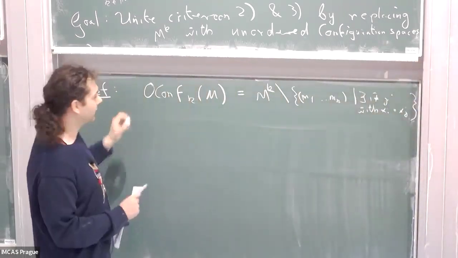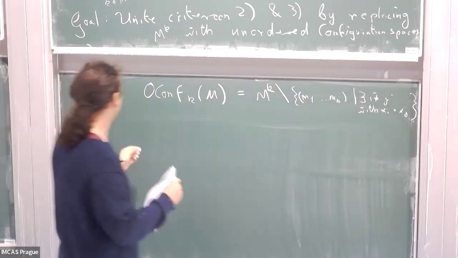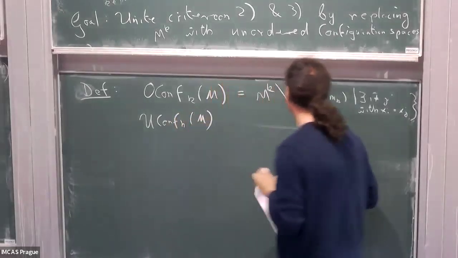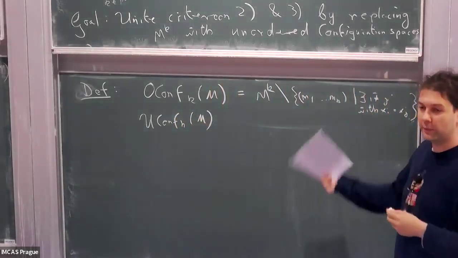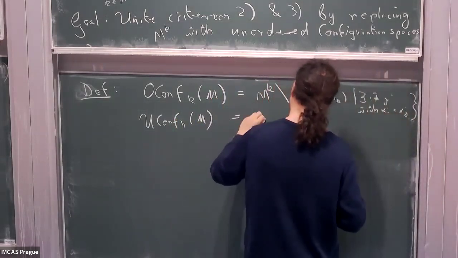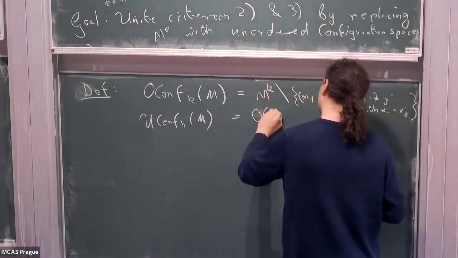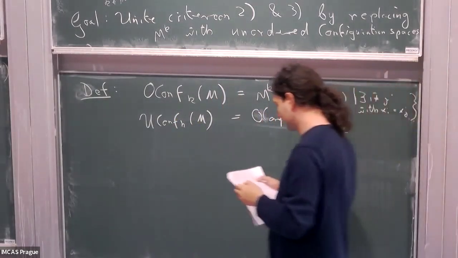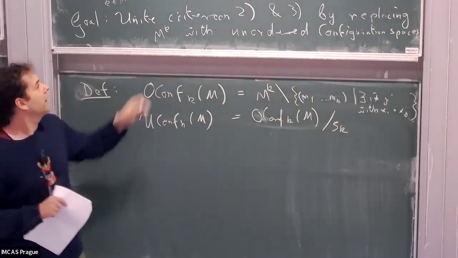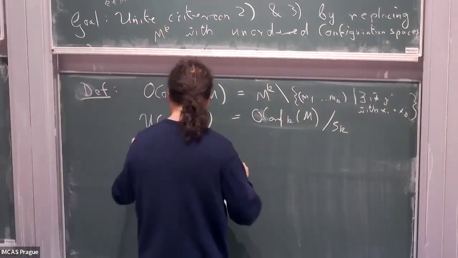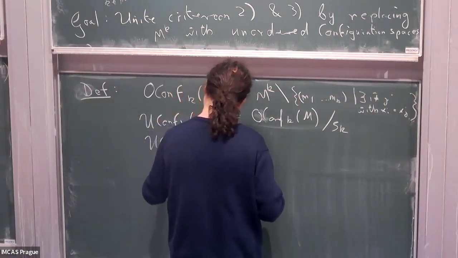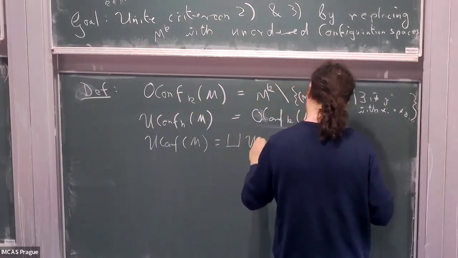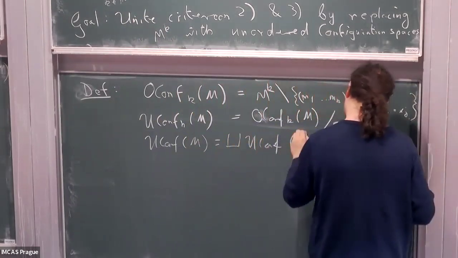This is an open submanifold in M^k. And then on this open submanifold, the symmetric group acts freely and properly, so the quotient is still a smooth manifold. And as before, we just put all of them together, so we will write UConf(M) for the disjoint union of UConf_k(M).